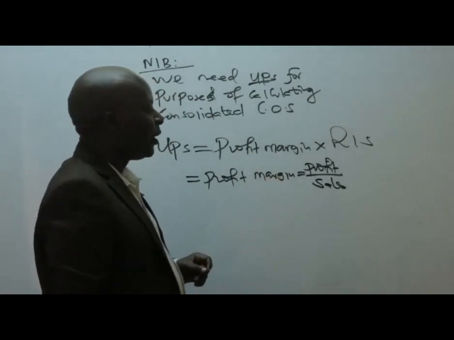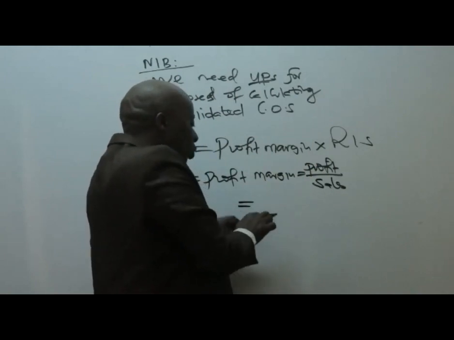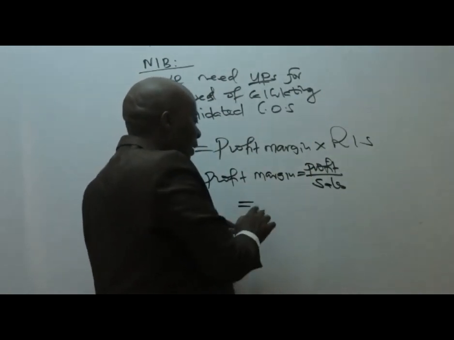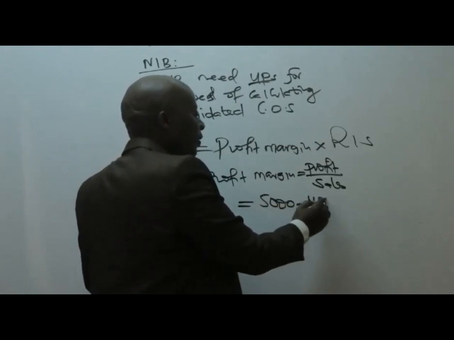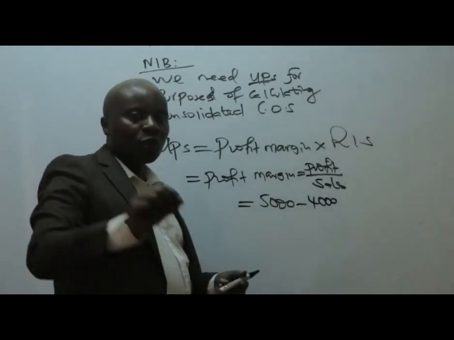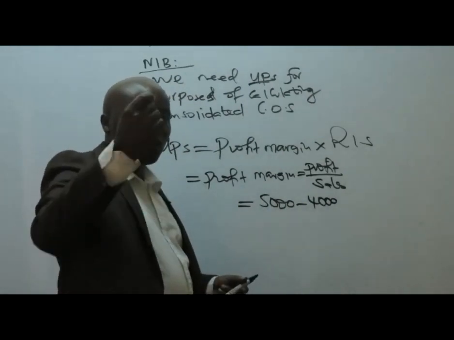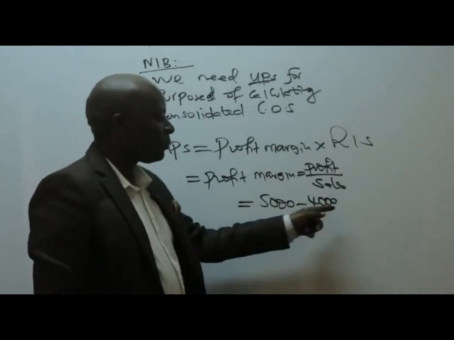Very important. So like now here, the goods that they sold in between themselves, the total sale was 5,000, but the goods cost them how much? 4,000. So goods which cost them 4,000, they sold them at 5,000. So the profit here is 1,000.